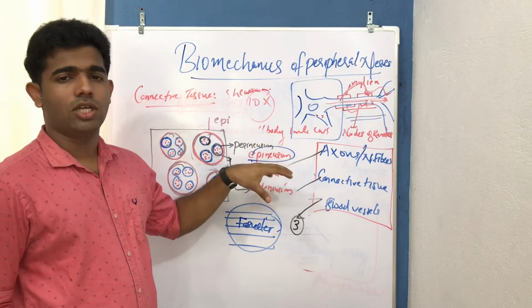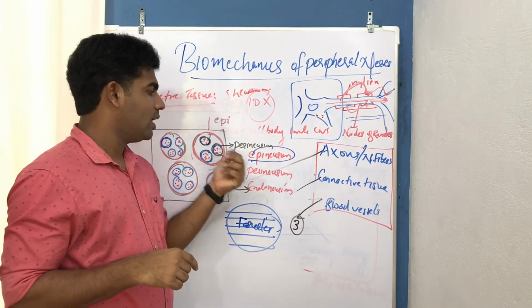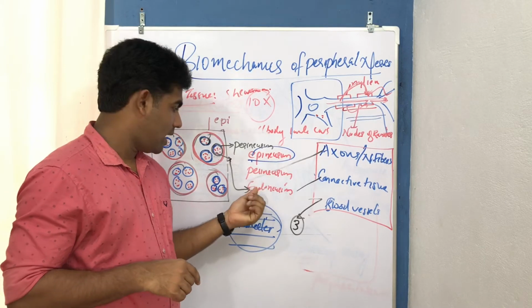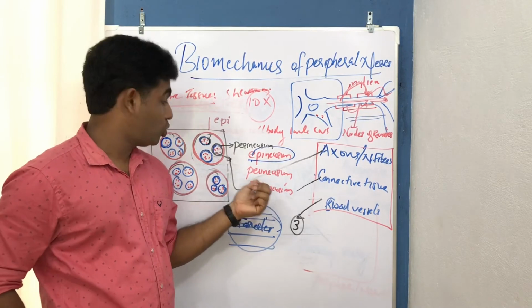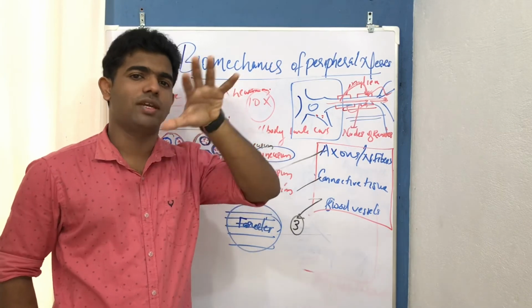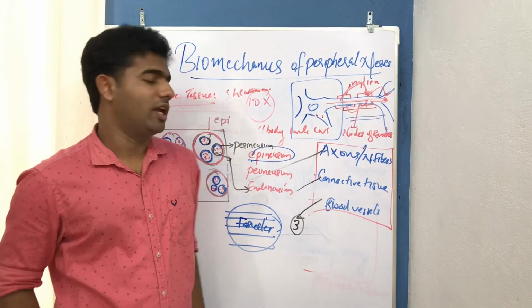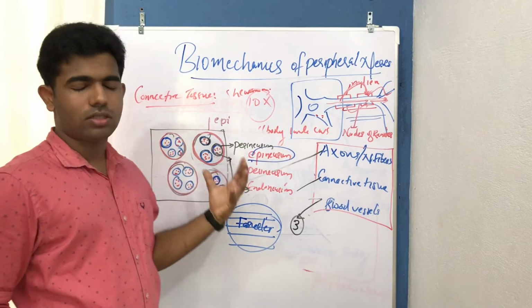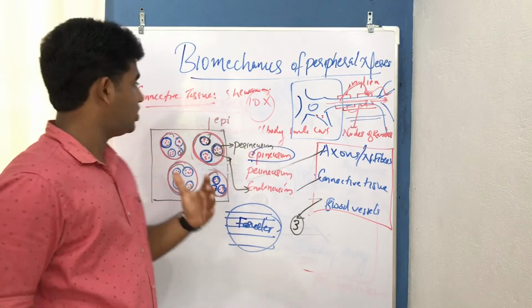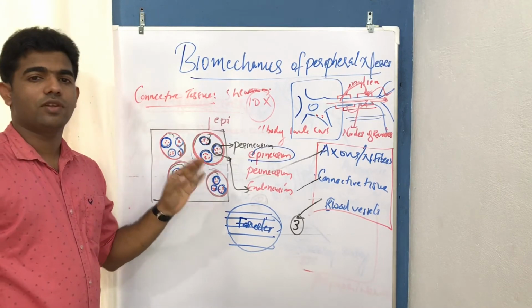Just below that, you have fascicles, and each fascicle is covered by the perineurium. And the last one is the endoneurium, which covers individual axons or lines the gap between the individual axons. So a nerve fiber may be made up of a large number of axons, and this is the general connective tissue that covers the peripheral nerves.